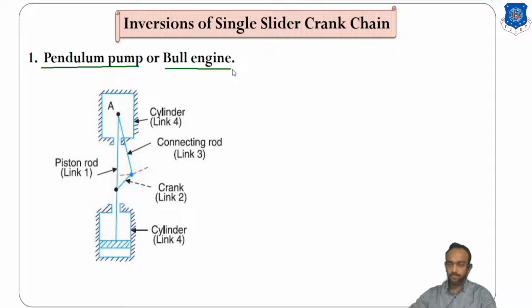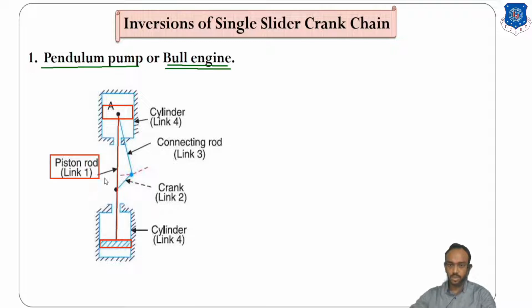As we studied, in any mechanism we first start by counting the number of links. Link number 1 is this piston rod with this piston. A second piston of the same type will be here, not shown in the book, but there are two pistons and piston rods, all considered as link number 1.